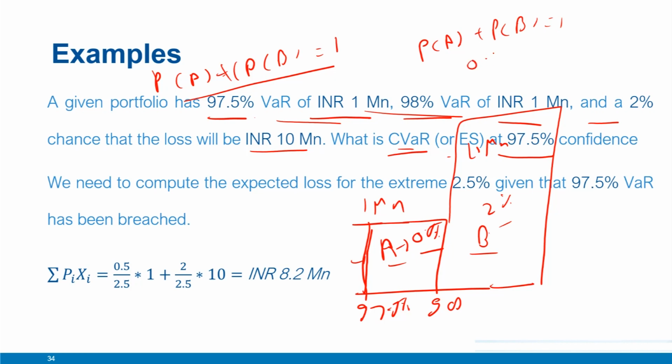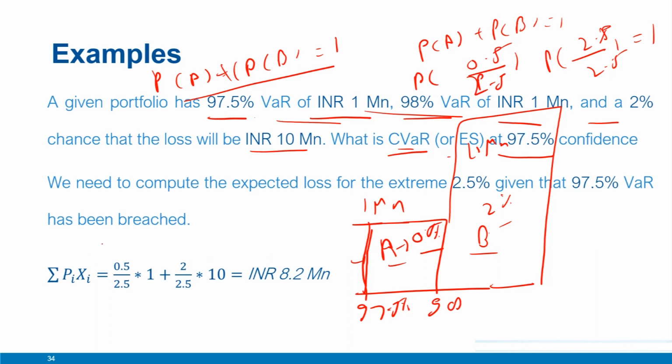We'll standardize the probability of 0.5% by dividing it by PA plus PB, which is 2.5% originally, and we'll standardize the other probability, which is 2%, also by 2.5. So now their summation P of A plus P of B becomes 1.